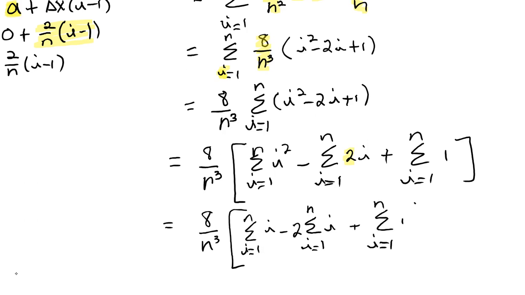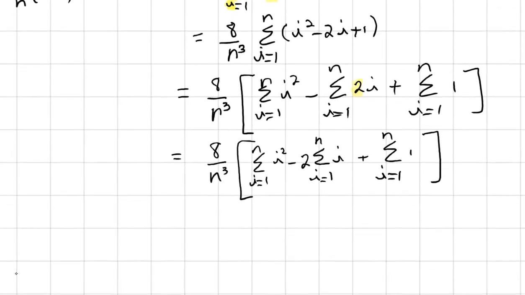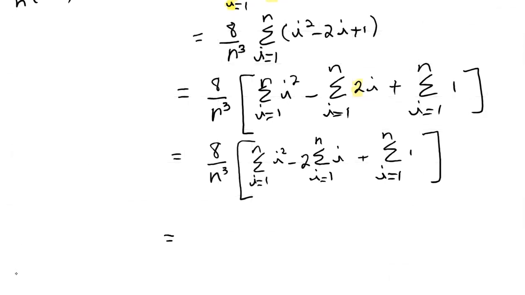Everything else I'm writing the same. So the reason why we've broken it down to this point is because we have summation formulas that we're going to use to simplify each one of these. I left off the squared on this one. So we have some summation formulas that we're going to use to simplify this.